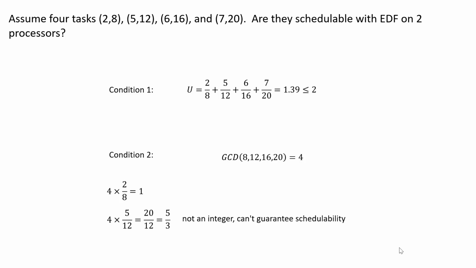In this case, for the first task, we have 2/8 multiplied by 4 is 1. But then the second task is 5/12 multiplied by 4, and you end up with a fractional number, so that disqualifies it. It fails the test that would guarantee that they're schedulable.